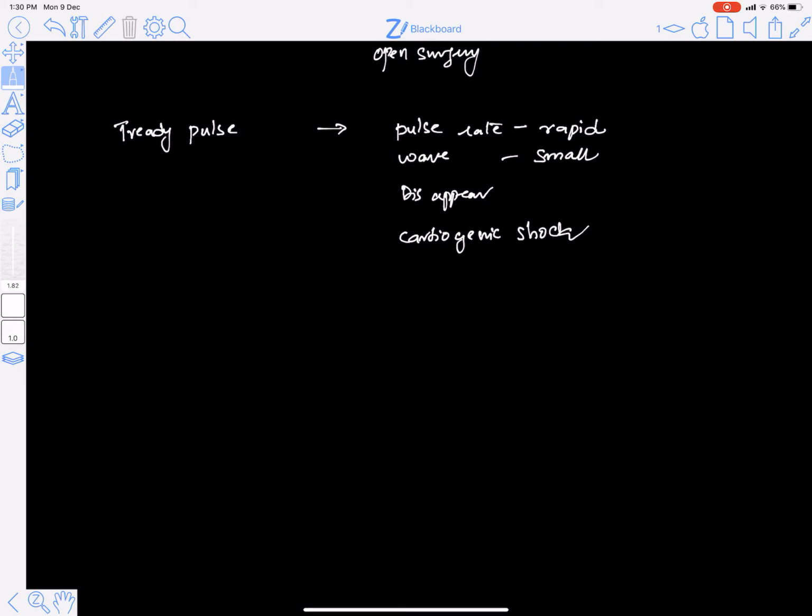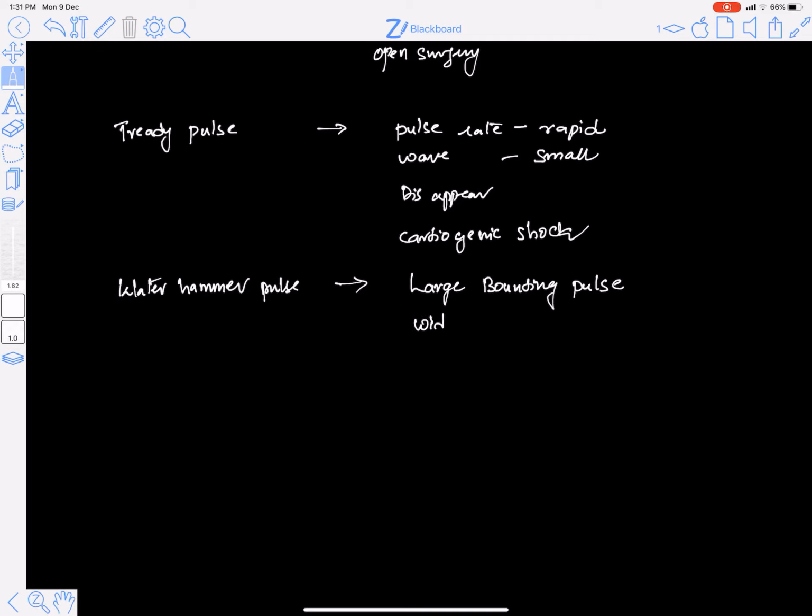Okay, so the next is, I hope you have heard this a lot in the dental MCQs, that is water hammer pulse, which is a large bounding pulse.